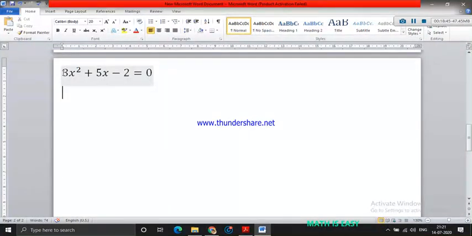Just let me copy the given question again. What is given here? 3x square plus 5x minus 2. This is the given equation. And what we discussed, the general form of the quadratic equation is ax square plus bx plus c equals to 0. Agree?